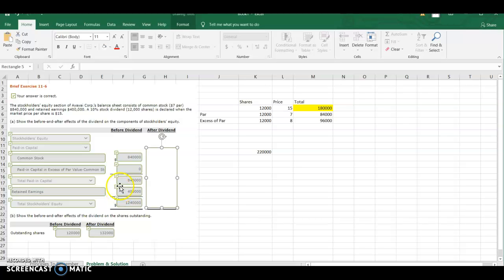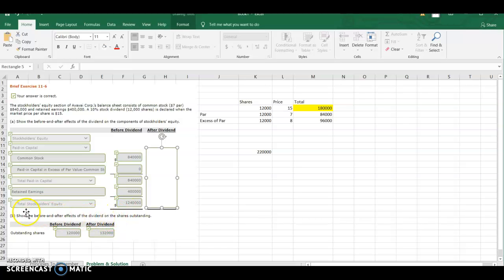We can fill in the blanks here. This stock was issued at par value, so there is no excess of par value on common stock before the dividend is given. The total paid-in capital and retained earnings equals $1,240,000.